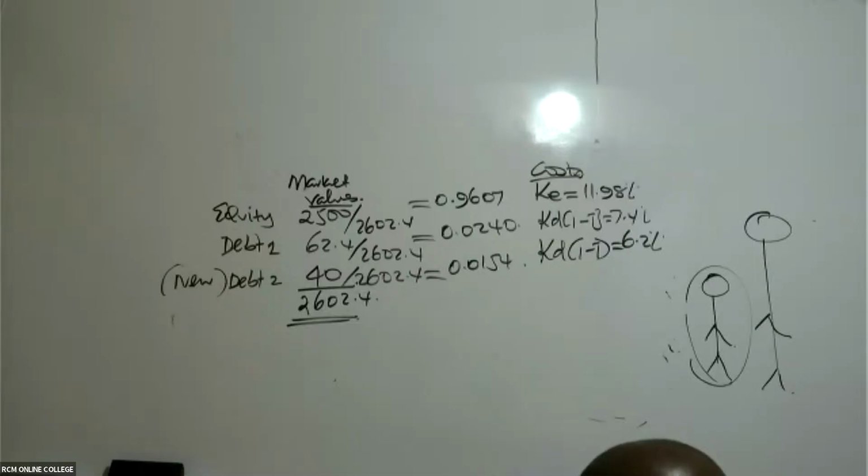So what are your 2 values, Caroline? 5% and 20%.